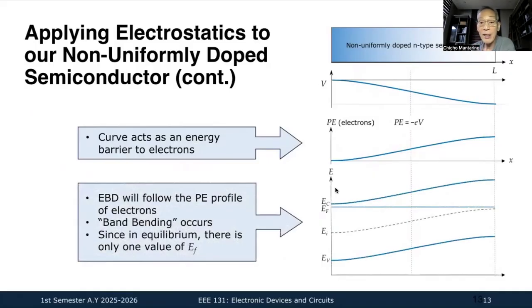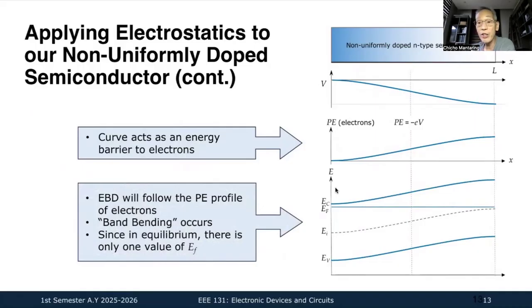And remember what we said, that the potential energy for electrons is actually E sub C. That is the minimum energy that a valence electron must have to be able to exist in the conduction band.